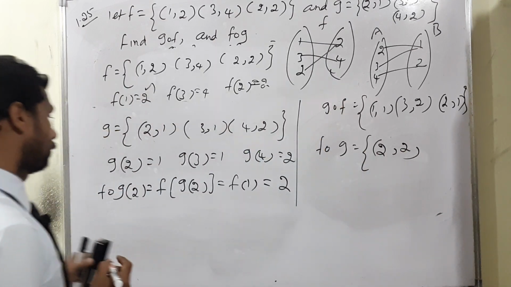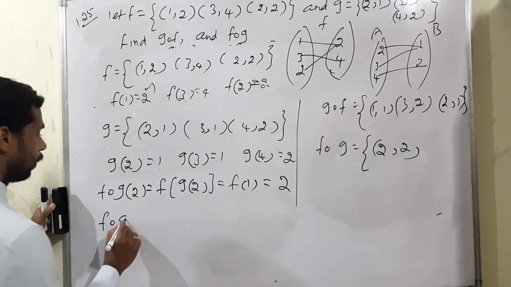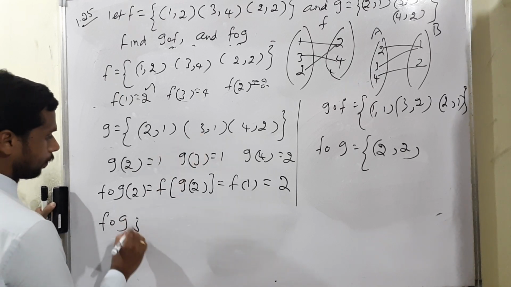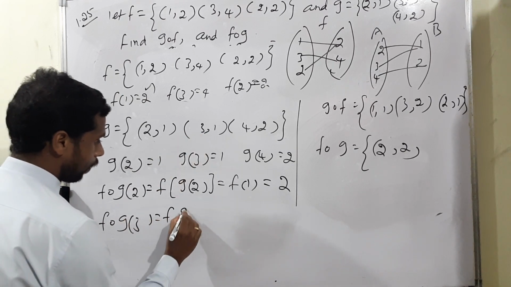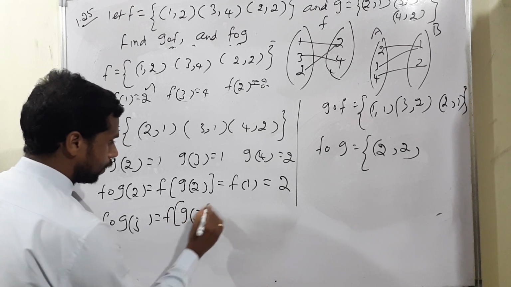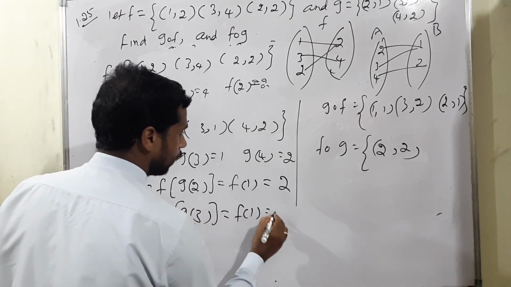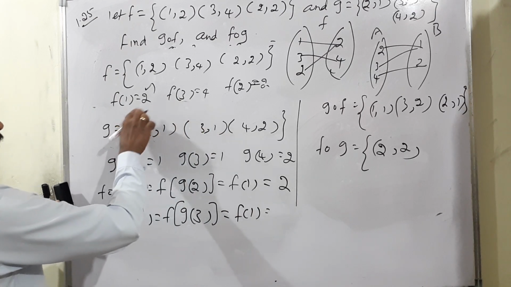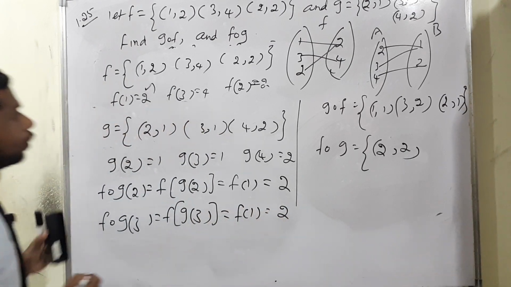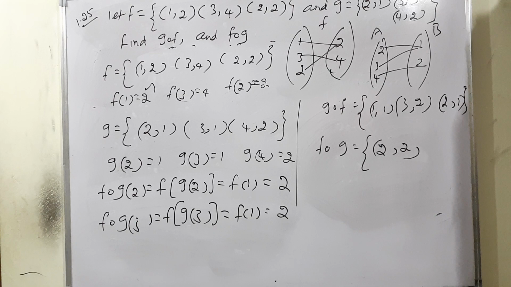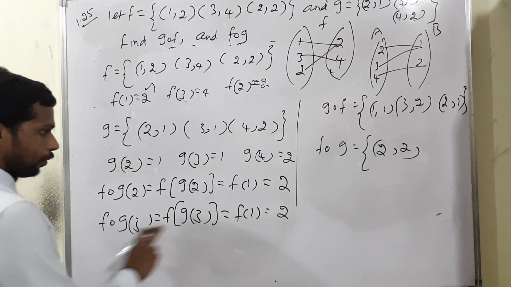Then the second pair, f∘g of 3. This is f of g of 3. g of 3 is equal to 1. f of 1 is equal to 2. Therefore here the output is 3 and 2.